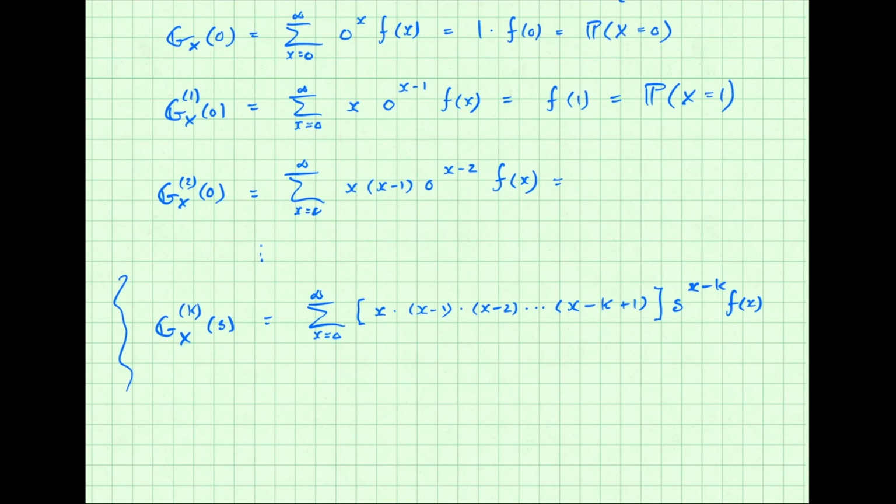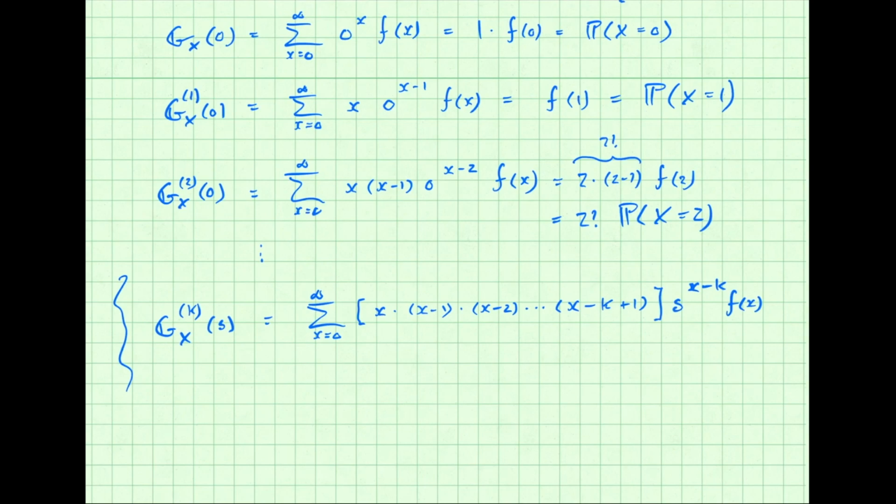When x is equal to 2, what we have is 2 times 2 minus 1 times f of 2. And of course, this is just 2, but it's 2 factorial. And so this thing is equal to, I should write it, sorry, 2 factorial times the probability that x is equal to 2. And that's what we wanted.